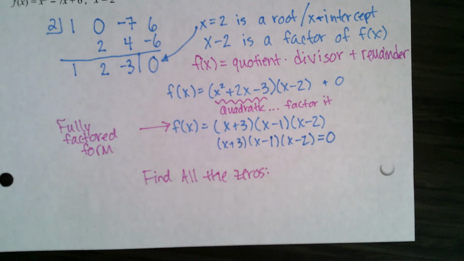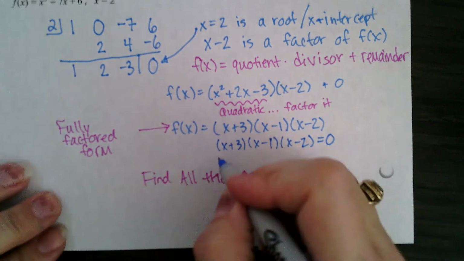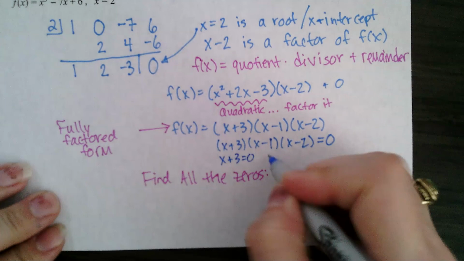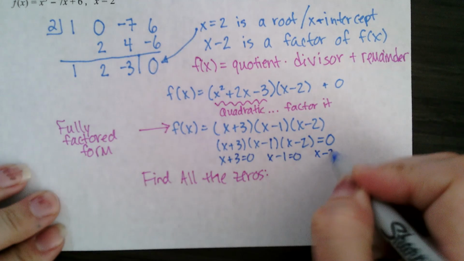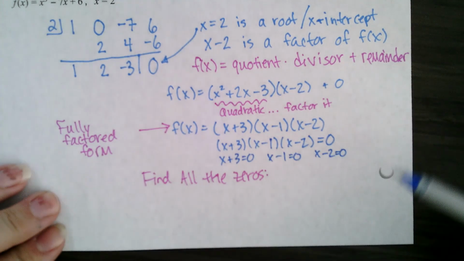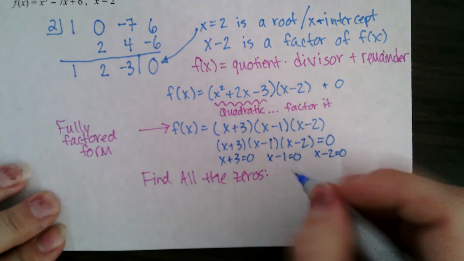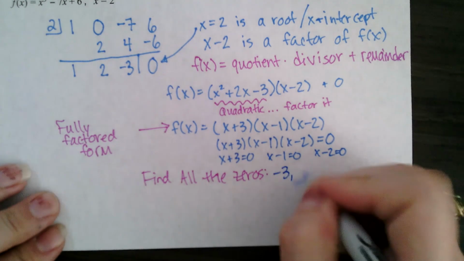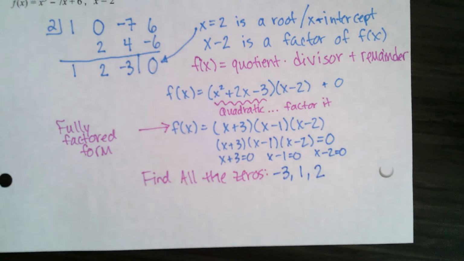You set the equation equal to 0 and then you solve it. So we'd have x plus 3 equals 0, x minus 1 equals 0, x minus 2 equals 0. So all of our zeros would be -3, 1, and 2.